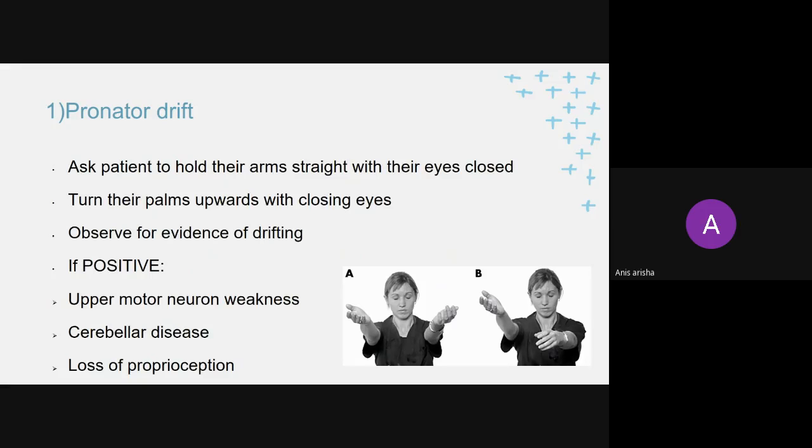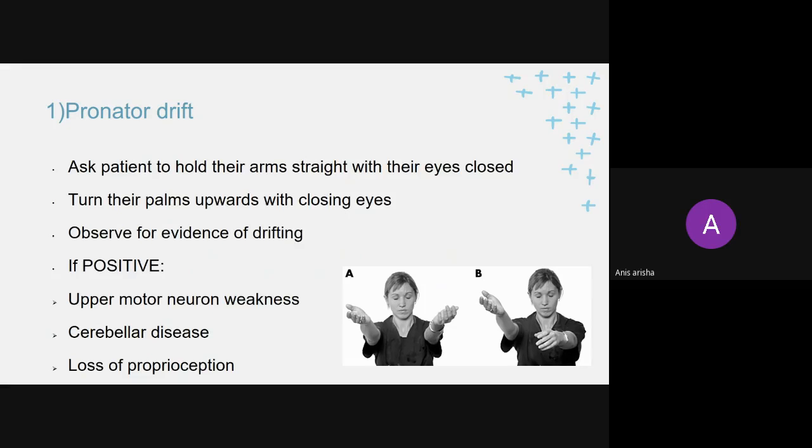In the upper limb, we want to assess if there is any pronator drift. We ask the patient to hold their arms straight, then turn their palms upward with eyes closed, and then we observe for any evidence of drifting.